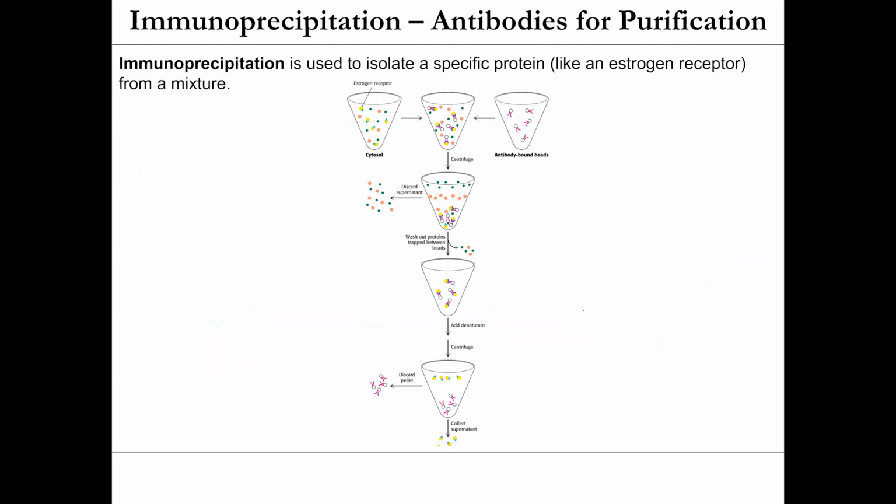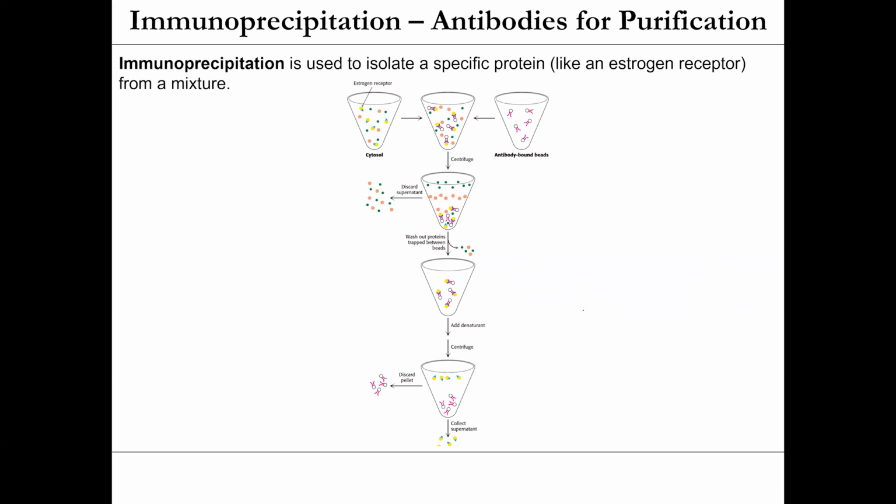So going back to the purification steps that we were talking about before, antibodies can actually be used to purify specific proteins. Like we said, antibodies are very specific for specific regions on specific proteins. They're only going to bind to that epitope and hopefully not epitopes on other different proteins.